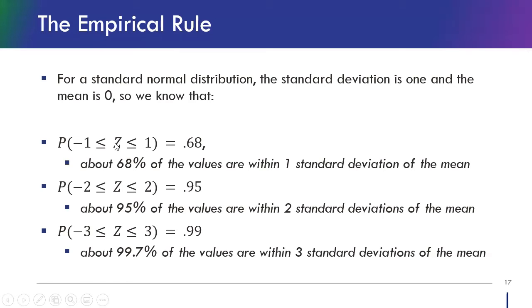For this Z, if we look for the probability of Z being between -1 and 1, which is one standard deviation away from the mean, so going one standard deviation on the left and one on the right, the area under the bell curve is 0.68. For a standard normal, it will always be 0.68.